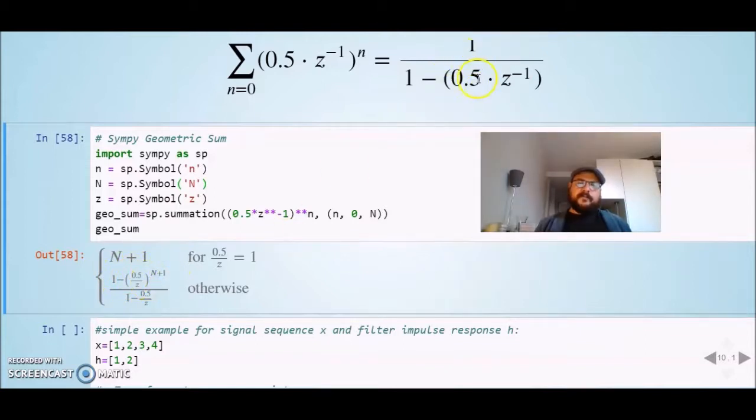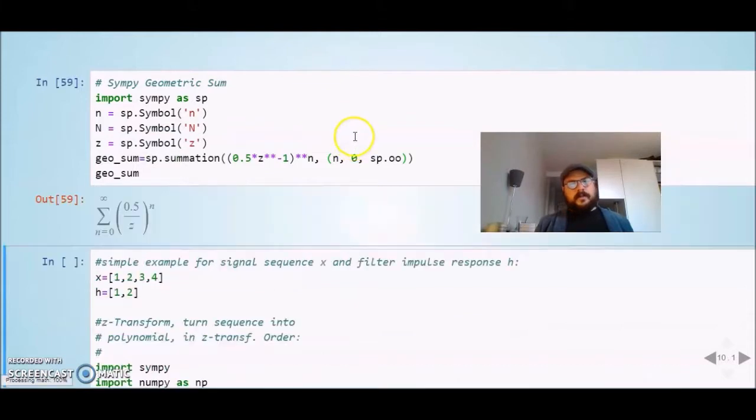Unfortunately, SymPy has some limitations, especially when we are dealing with infinity, and it cannot calculate the infinity in this case. So for example, if I change here to infinity, we will have an error.